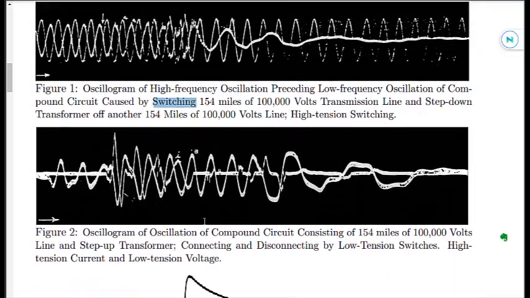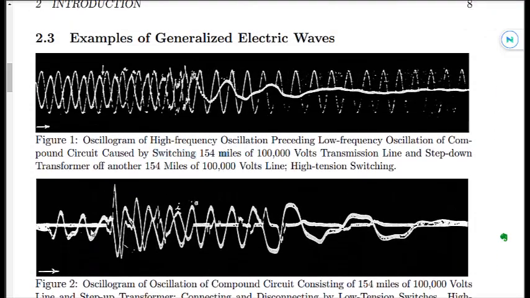And he also shows these 2 figures in his paper, figure 1 and figure 2. These are the signals that are generated when you are switching. The picture up here is caused by switching of a 154 mile, 100,000 volt transmission line.